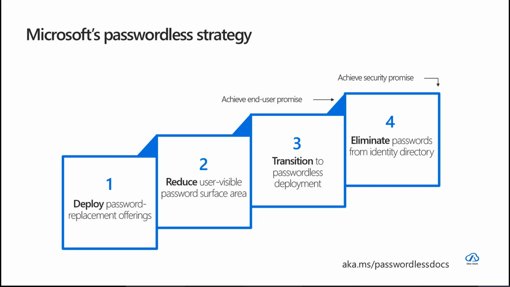The second phase, which is reduce user visible password surface area, is all about how you improve the entire life cycle of user identity in your environment, which includes provisioning of accounts, setting up brand new devices, using the account and devices to access websites, recovery, etc., and ensuring these work with password replacement offerings, which is our goal.